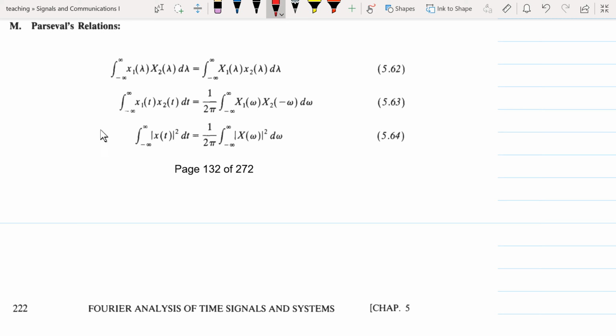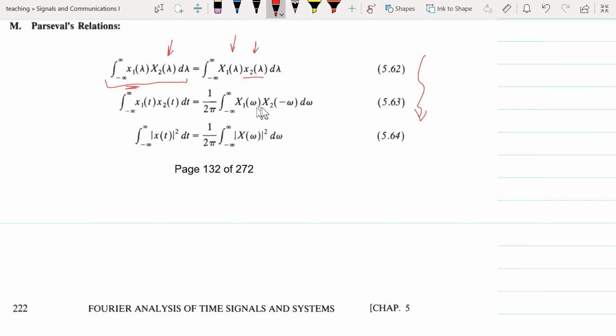Last but not least is Parseval's relations among the properties of continuous time Fourier transforms. Parseval's theorem is derived from equation 562, which says that if you have two signals x1 and x2, and you evaluate the Fourier transform of x2 and then integrate x1 over x2, you are going to find the Fourier transform of the first signal integrated or multiplied with the original signal x2 integrated over the same interval.